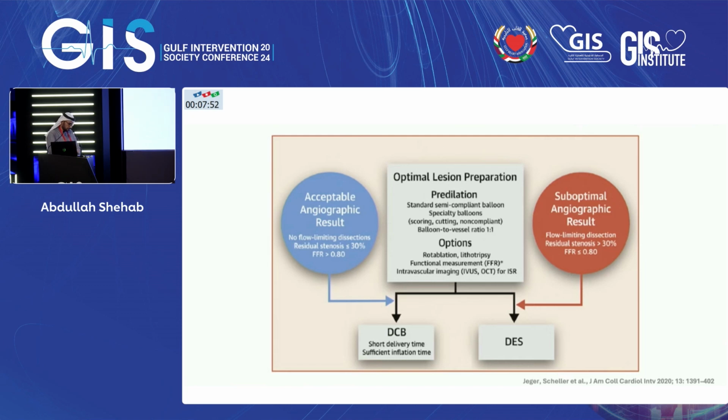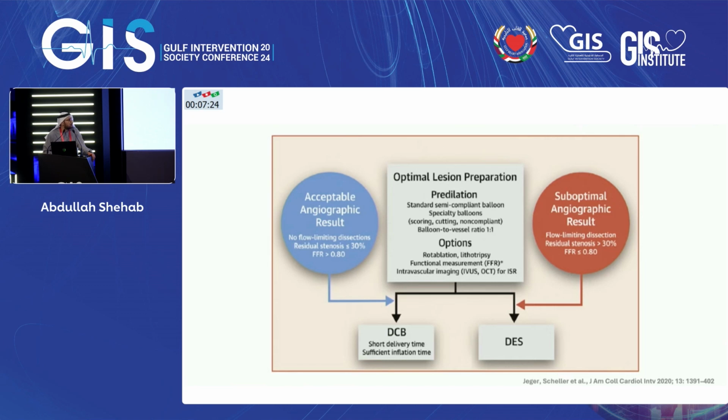And after that DCB, if I like the result. Otherwise I do NC and then DCB. If I have a recoil after NC, I definitely do a cutting balloon. In those patients, I see the result. If I still have recoiling, then I do stent. So that's my routine practice. I don't routinely use IVUS for DCB.